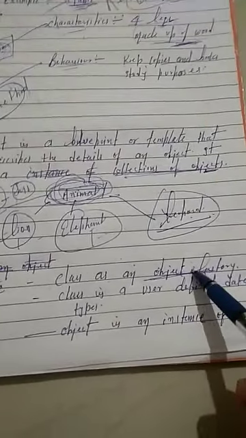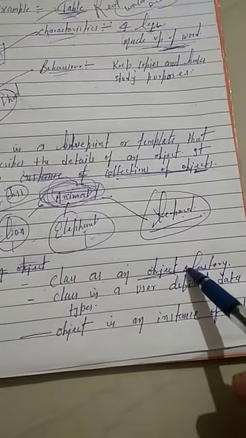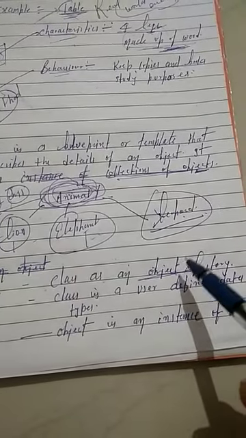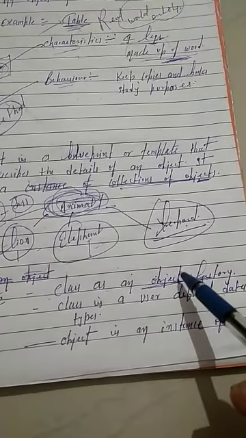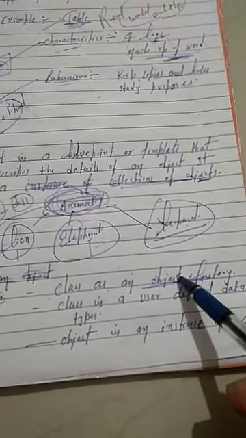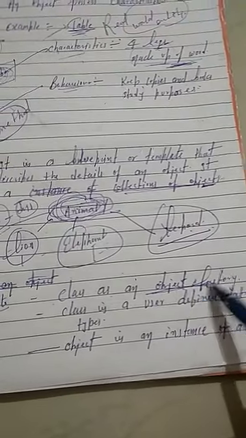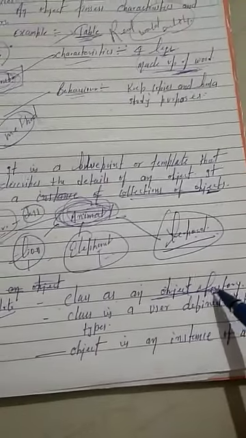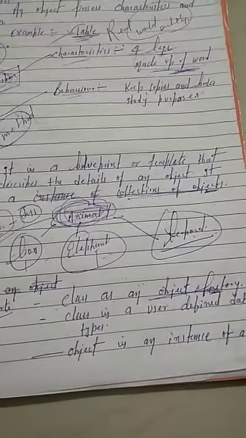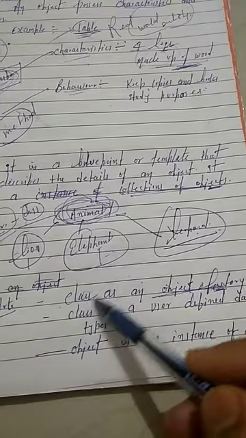Class is known as object factory because class produces many objects of similar types. Why do we call it object factory? In a factory, what happens? A factory produces goods, different types of products, but an object factory produces objects. Class produces different types of objects.